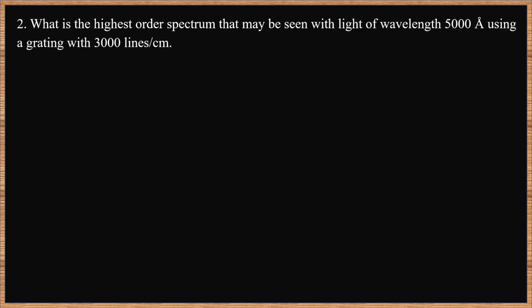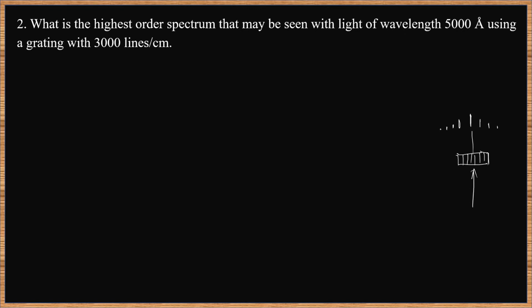So if we use a grating and we need to get the highest order spectrum, there we have the central maxima, first principal maxima, second principal maxima, third principal maxima lines, right, on either side. Here is our grating, and a ray of light is passing through here.